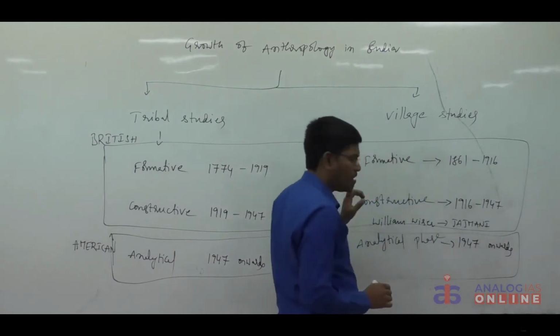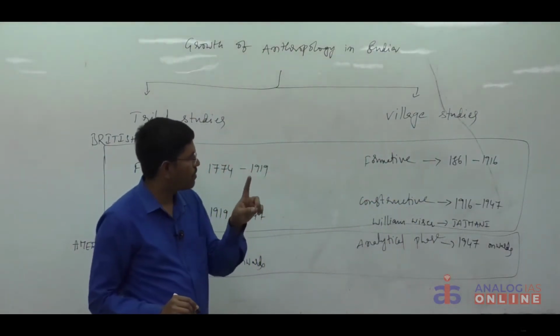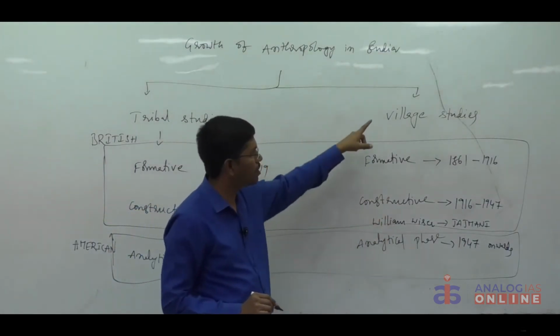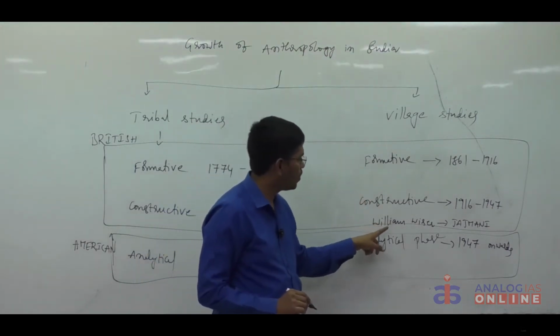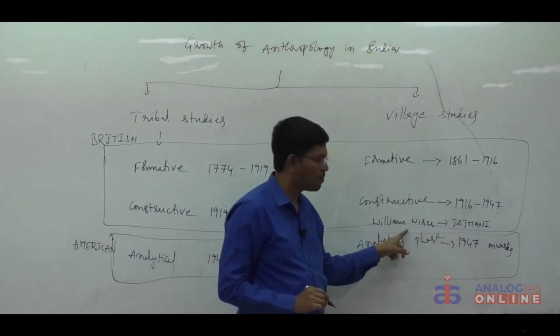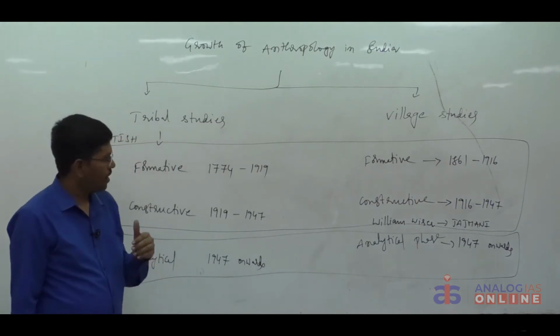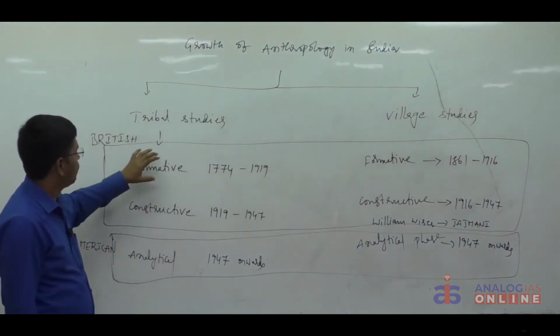Please remember, he is the only American anthropologist who contributed for the growth of village studies in the constructive phase. In the constructive phase, the contribution is otherwise by the British anthropologists. Remember this point.